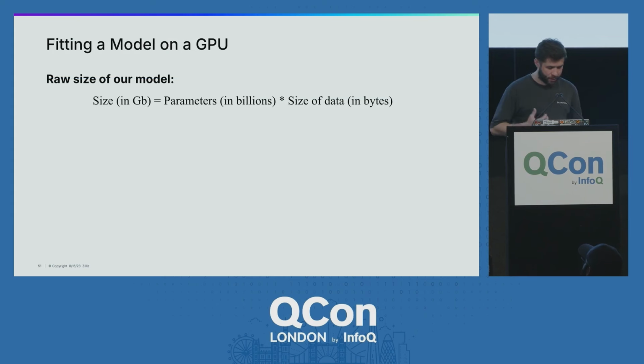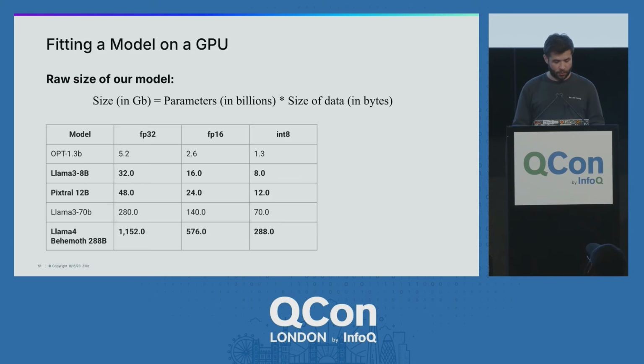Okay, now you have an idea of those, but you still have to fit your model on the GPU. Quick napkin math, if you want to know if you can fit it: it's the number of parameters in billions times the size of the data in bytes. So Llama 3 8 billion, for example, on FP16, is going to take approximately 16 gigabytes of RAM. Pixtral, the one I'm running, in FP16 is going to use 24 gigabytes of RAM.